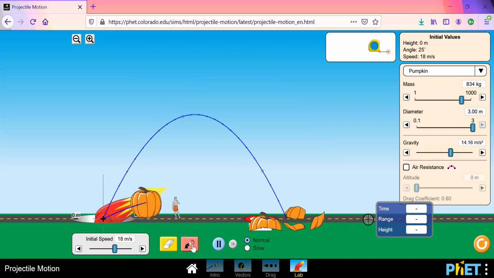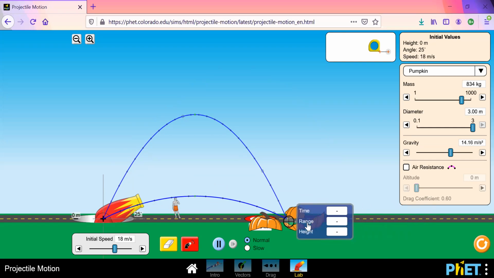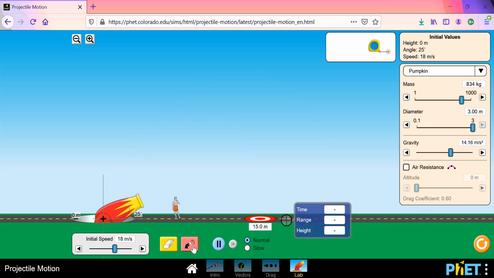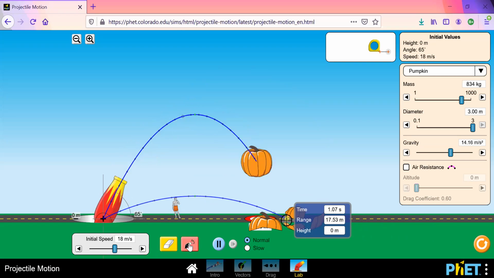And at 25, we're going to get the same range, but it's going to be a shorter range when the gravity is increased here. So 17.53 for both of those. Let's do it again. 17.53. And 17.53. Gravity increase.